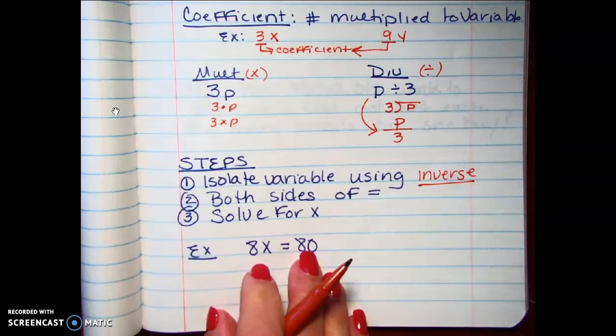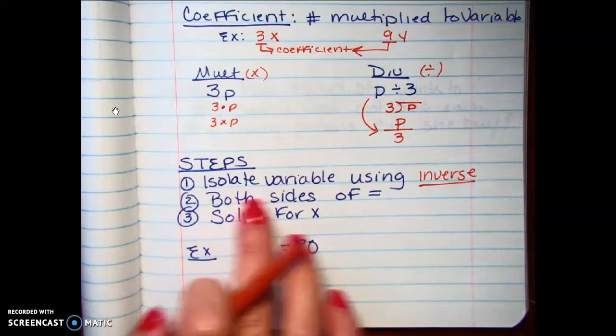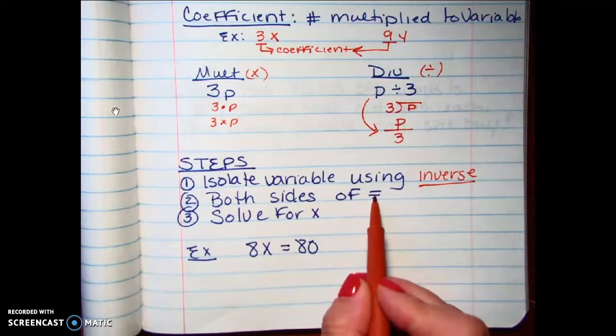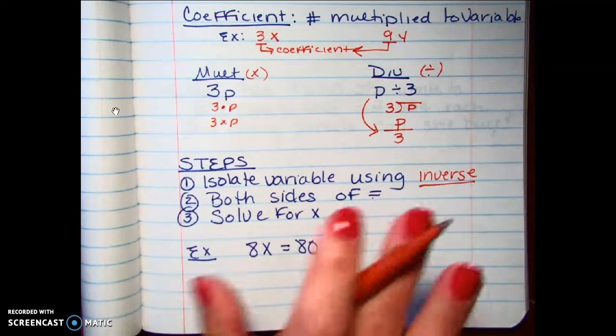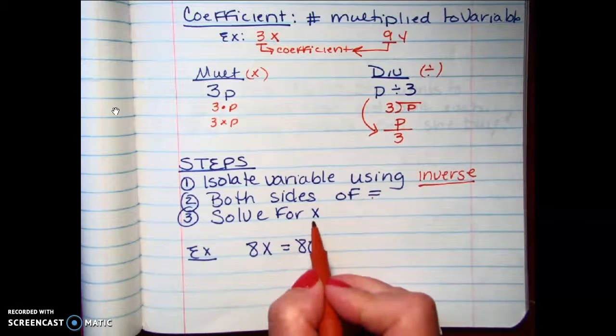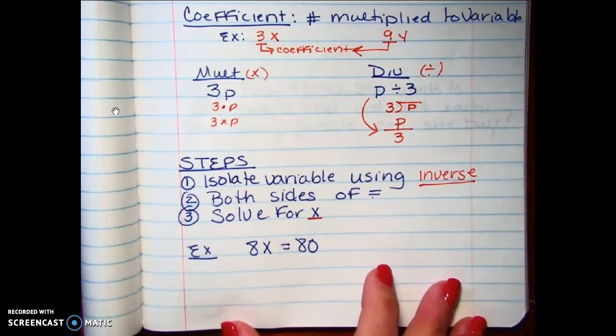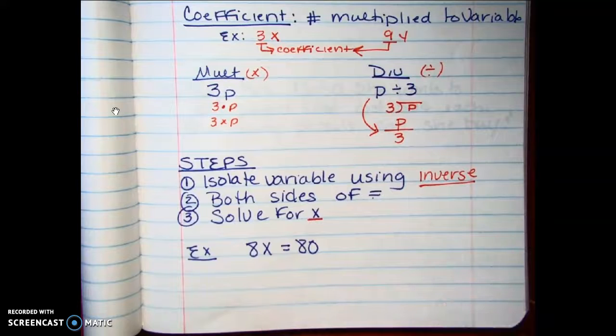We're going to be using that division property to help isolate that variable. We do this on both sides of the equation, or equal sign, because we need the balance. And then we solve for x, x being our variable. Of course, our variable can be p, y, whatever, but we're going to use the generic term x.